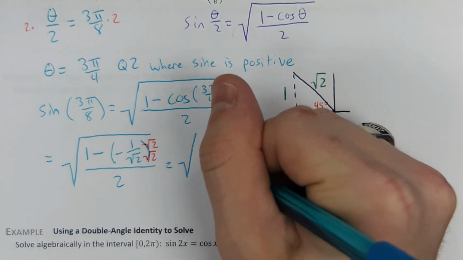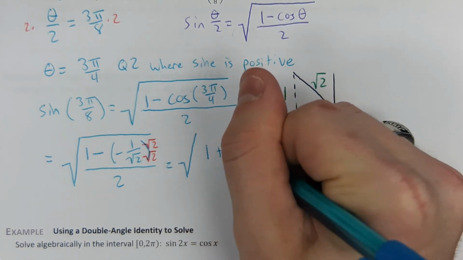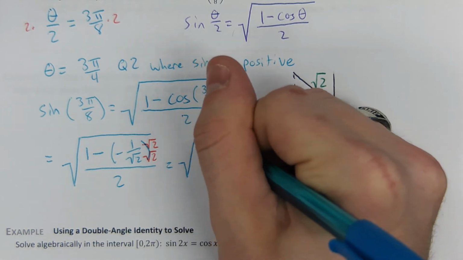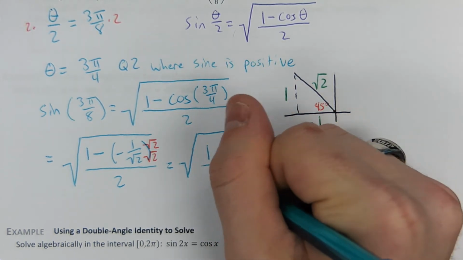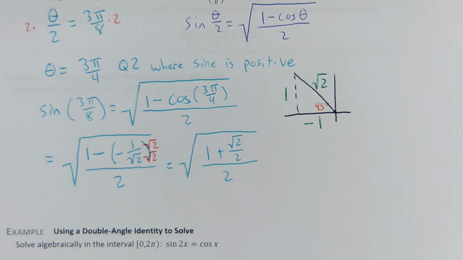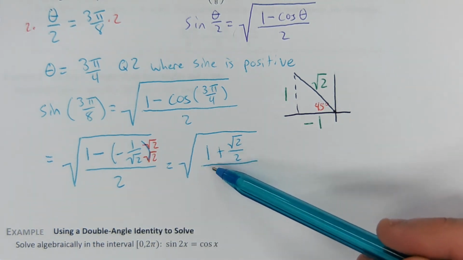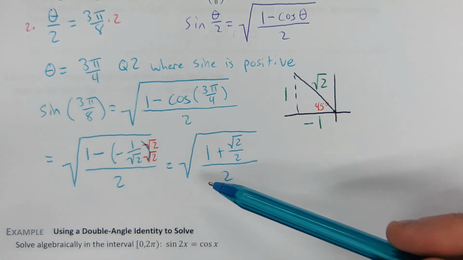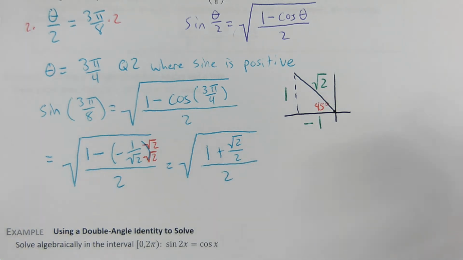So the top will be 1 plus root 2 over 2. And then mechanically using the same logic that you just used, instead of saying 1 is root 2 over root 2 now, you would say 1 is 2 over 2.